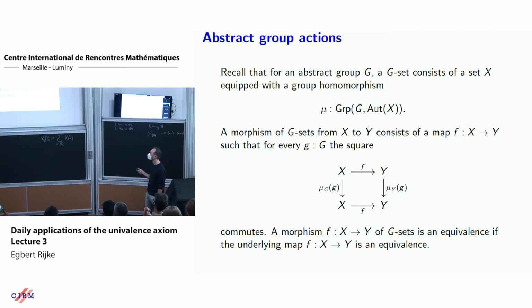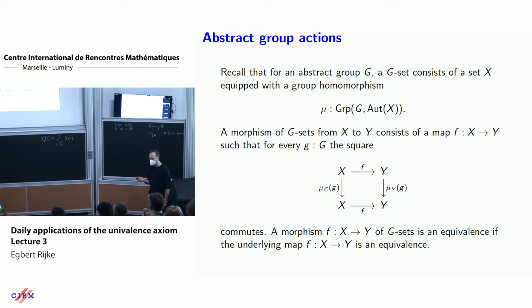And a morphism of G-sets from X to Y is a map from X to Y, but also it must respect the group action. So that means that square commutes. And such a morphism is an equivalence if the underlying map is an equivalence.